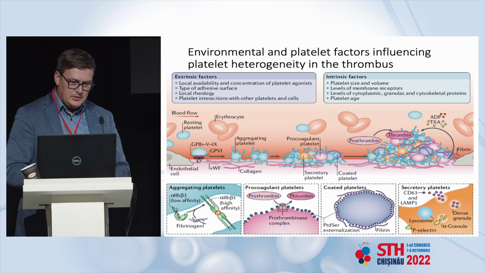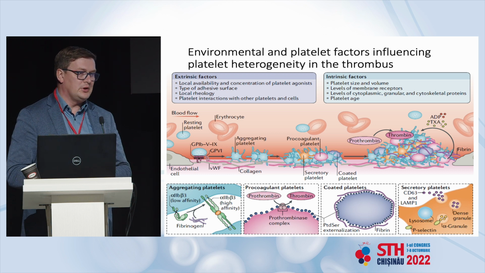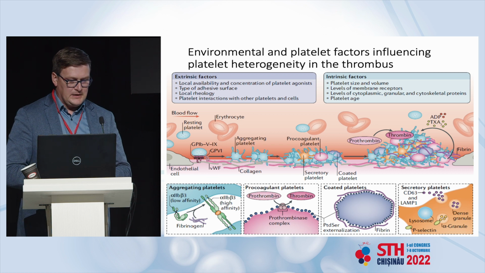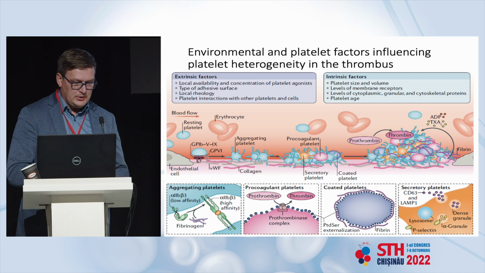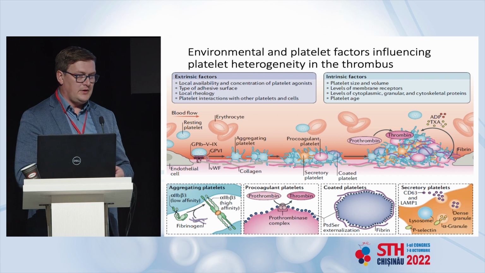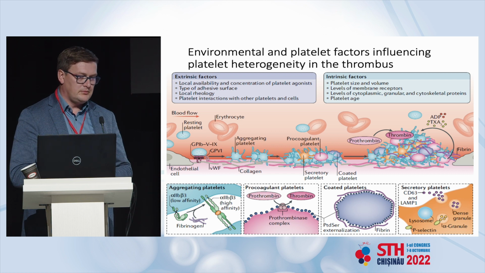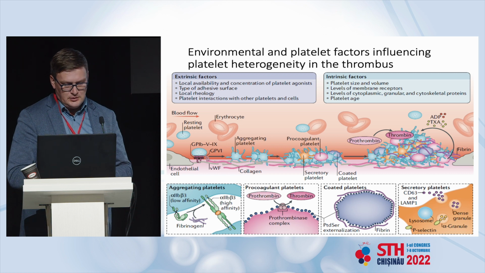A review paper gives the view that there are four main populations of platelets which perform their vital functions. One population is aggregating platelets, which have high affinity to fibrinogen via integrin alpha 2b beta 3. The second one is procoagulant platelets responsible for thrombin generation, the first thrombin molecules formed in the clot.